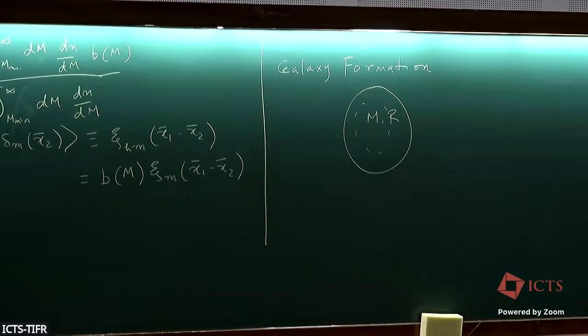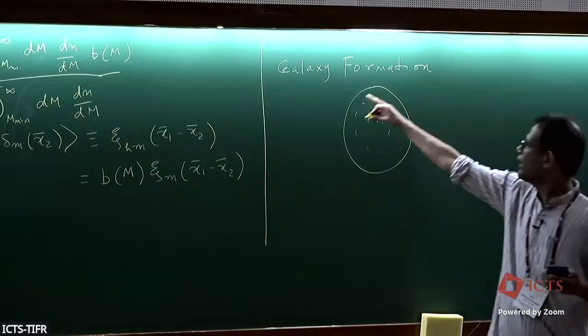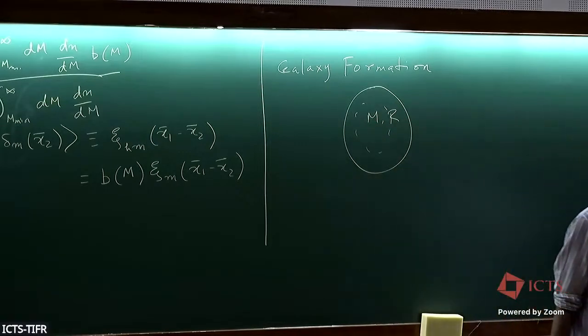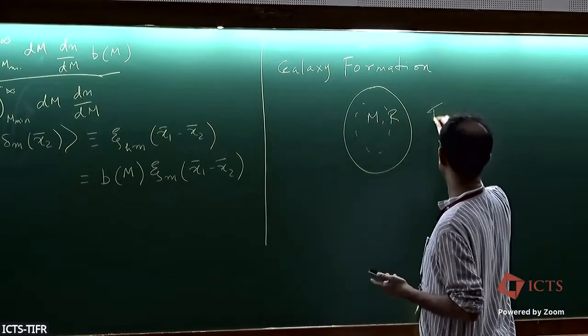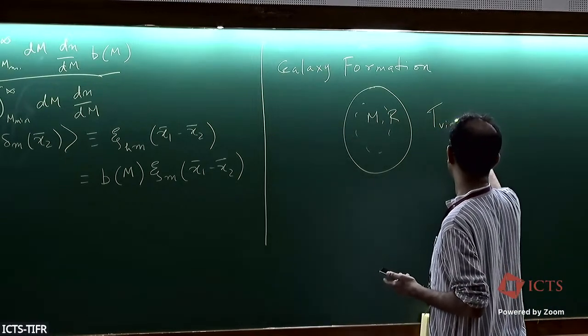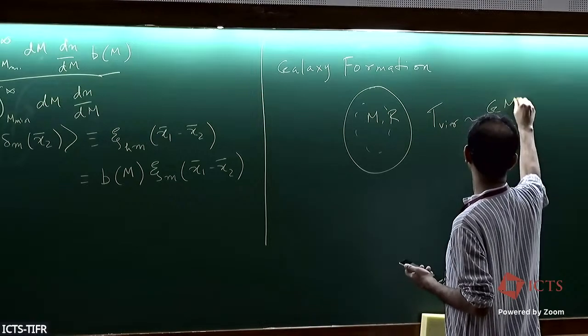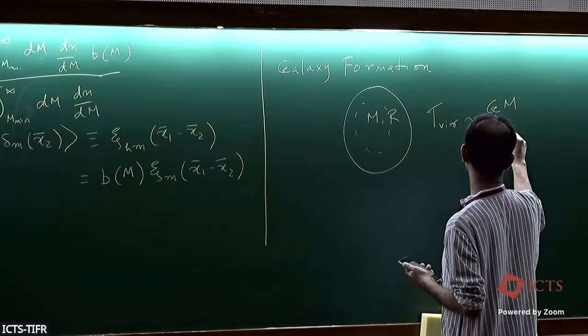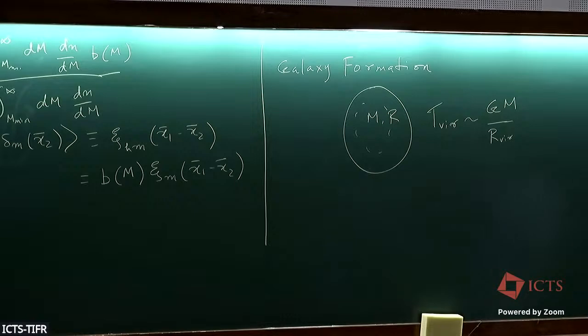Now if the gas is trapped inside and you have reached some kind of an equilibrium, the gas particles will pick up kinetic energy, and that kinetic energy will be driven by the potential of the halo. And if you now try to calculate the temperature of the gas, that will be typically the virial temperature of the halo, which is kT = Gm by R virial, the virial radius at which the halo collapses.